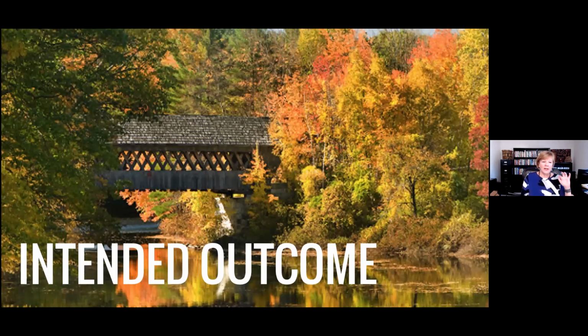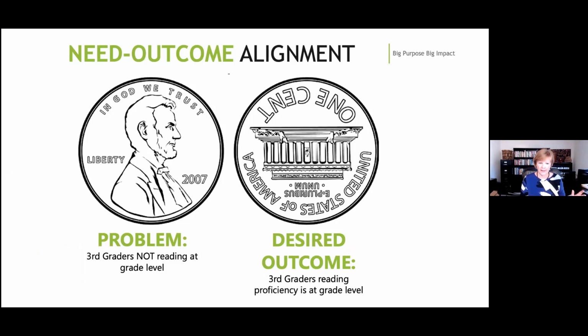So usually, when you think about the theory of change, you think about need, intervention, and then intended outcome. But I'm going to talk about it today in a different order, because the intended outcome needs to really closely relate to what you say the problem is that your program is going to take on. Because if you think of a coin, there's two sides, the problem and the desired outcome, and you can't separate the two.